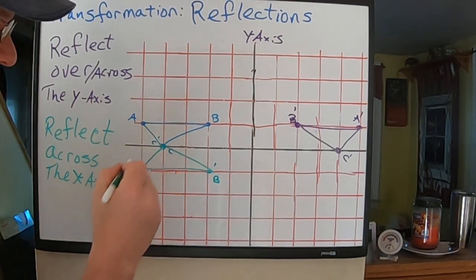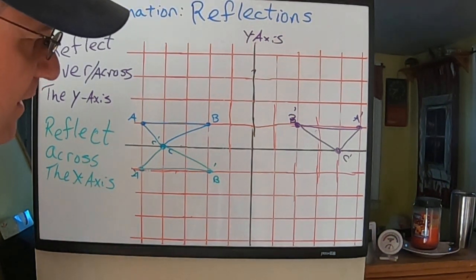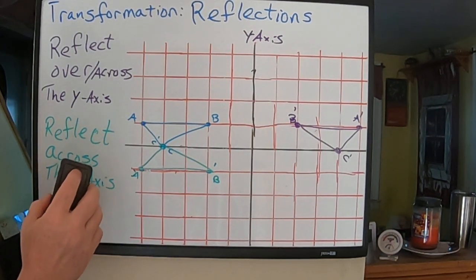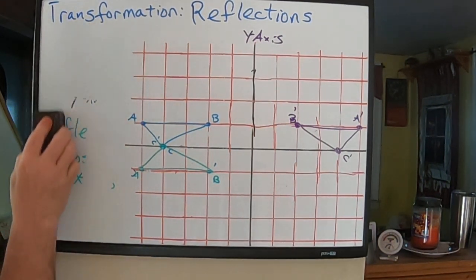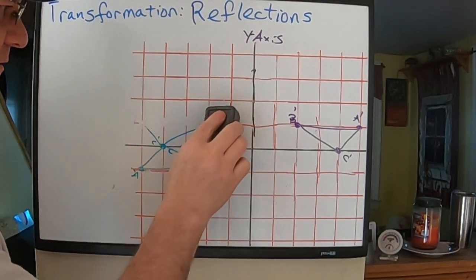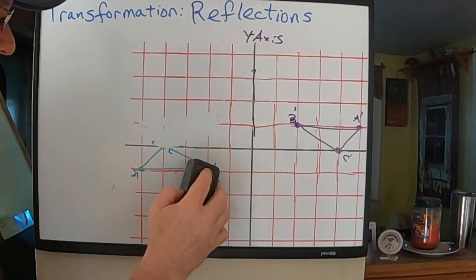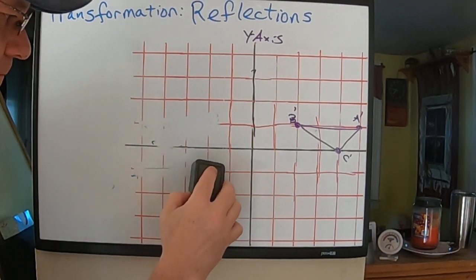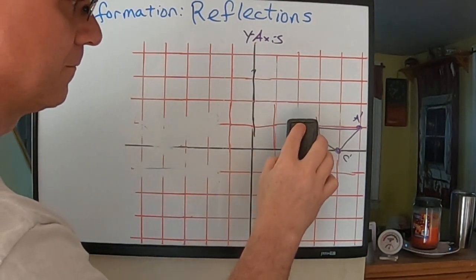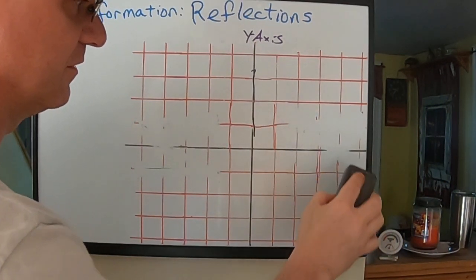So there's our reflection. Now the last type, I'm just going to erase these so that they're out of the way. I'm going to start with a new one so that you can see there's another type. You can see why my lines get messy after doing this for a little bit.